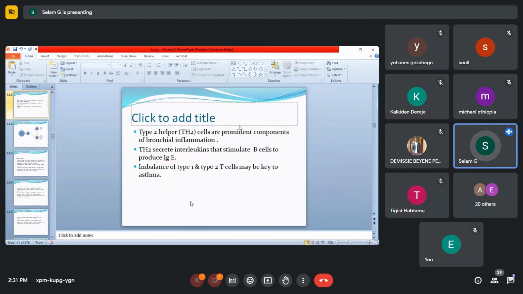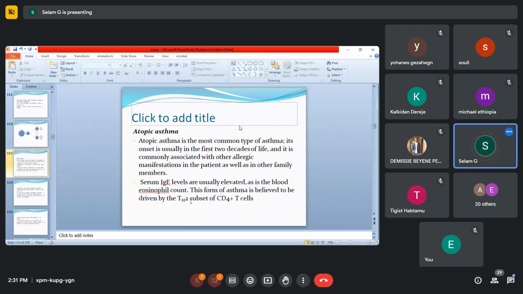Type 2 helper cells are prominent components of bronchial inflammation, and they secrete interleukins that stimulate B cells to produce immunoglobulin E. So imbalance of the type 1 and type 2 T cells may be key to asthma attacks.